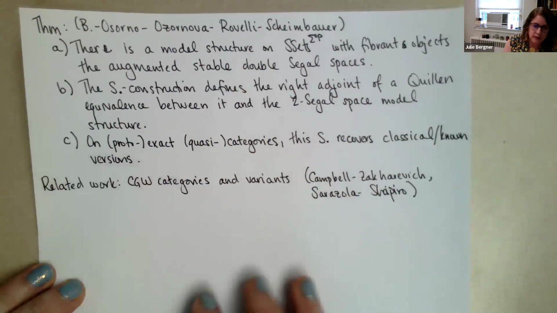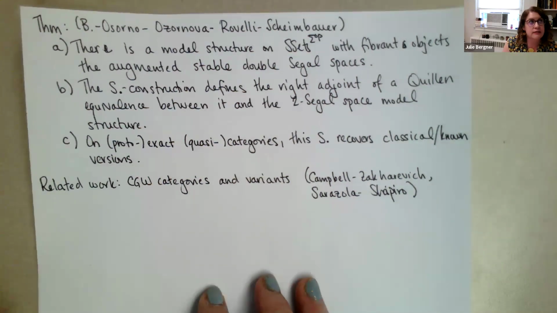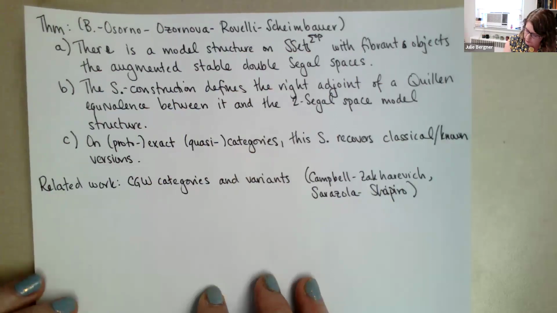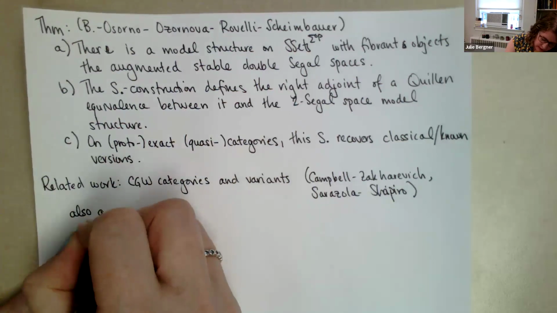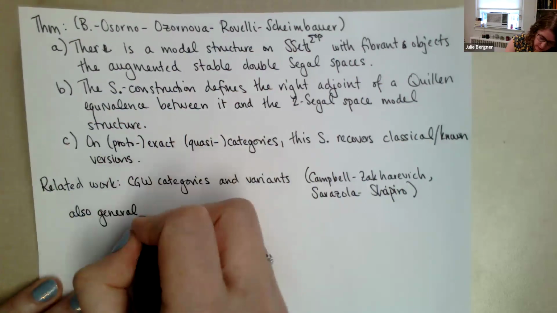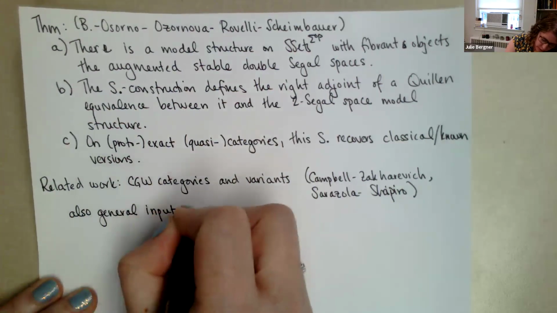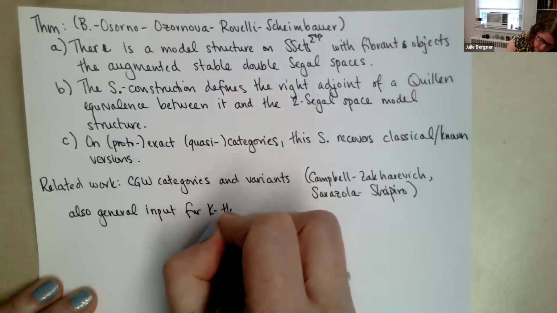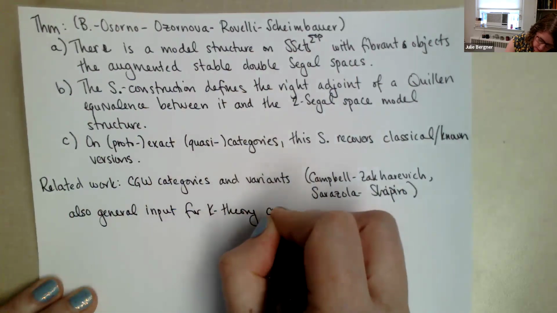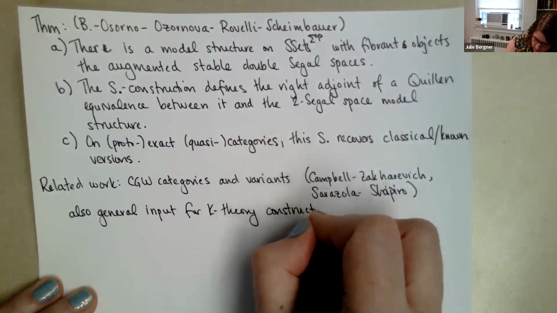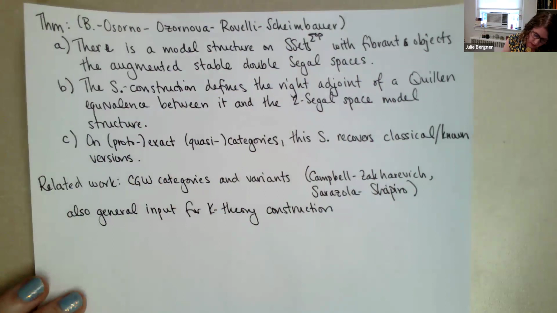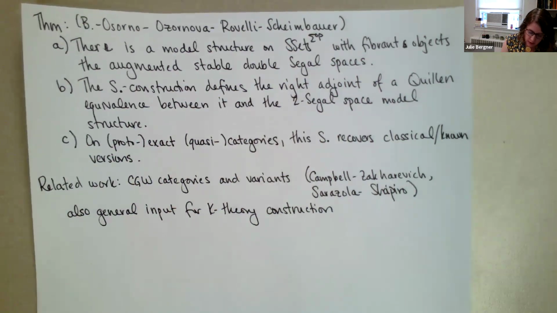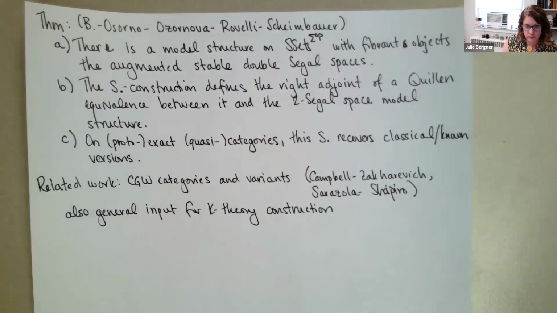These, in some sense, have a similar sort of motivation for their definition and existence, namely that they provide some very general input for K-theory constructions. So you can apply the S dot to these. You can also do other ways that people get K-theory. But a natural question is, how does this fit into our story?